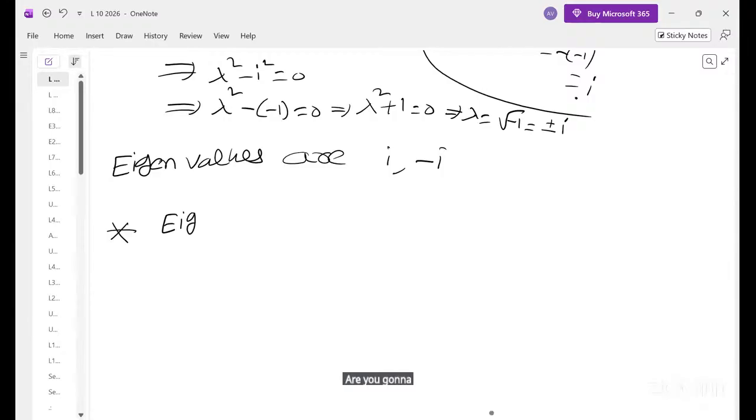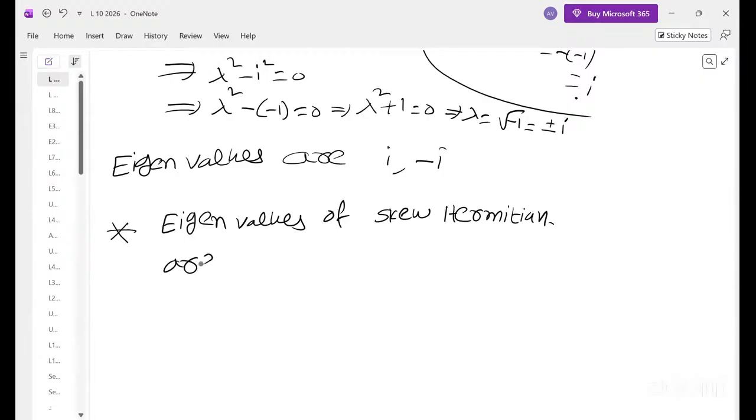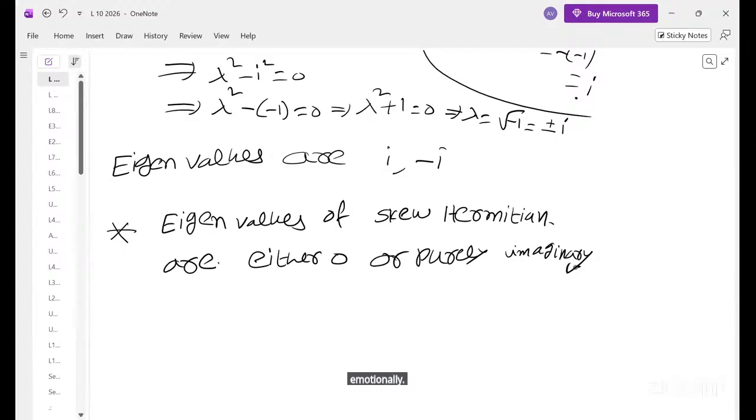Eigenvalues of Hermitian are always real. Eigenvalues of skew Hermitian are either 0 or purely imaginary. They are either 0 or purely imaginary. Very important.